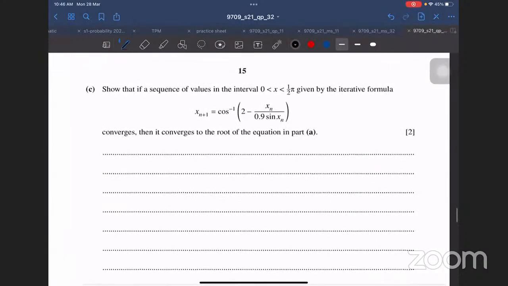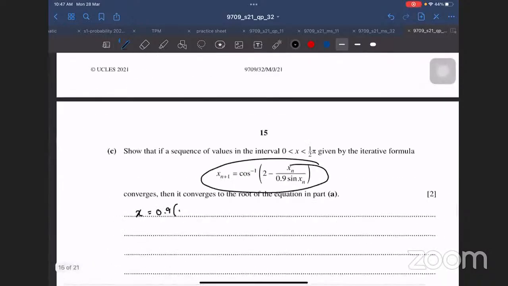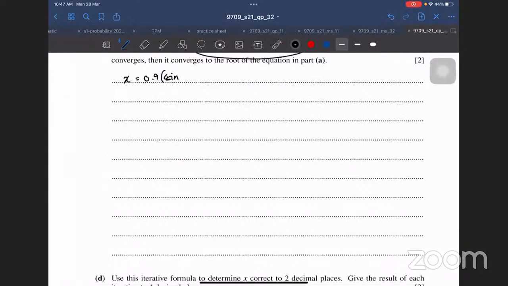Okay. Show that if a sequence of values in the interval is given by the iterative formula, then it converges to the root of the equation in part 1. What I'm trying to tell you is that this formula will converge to that. What was my earlier equation? It was 0.9 sin x into 2 minus cos x.